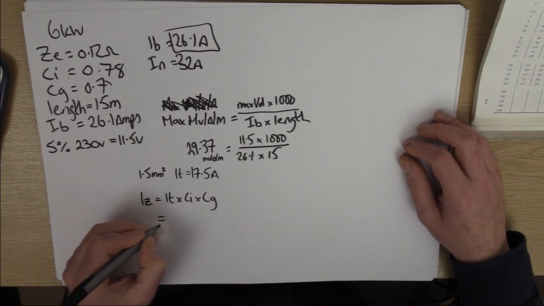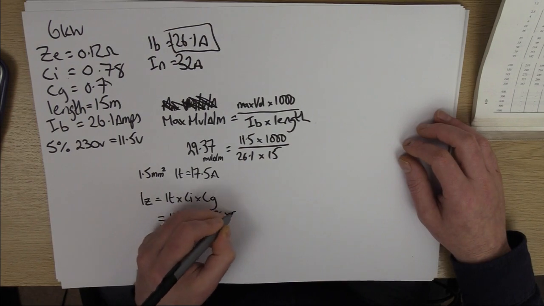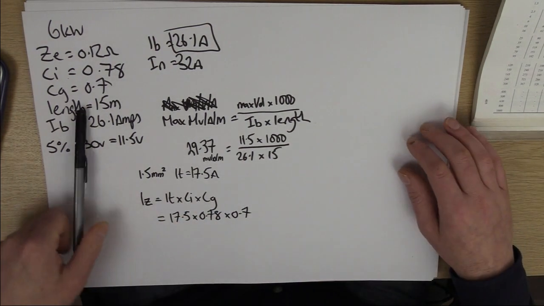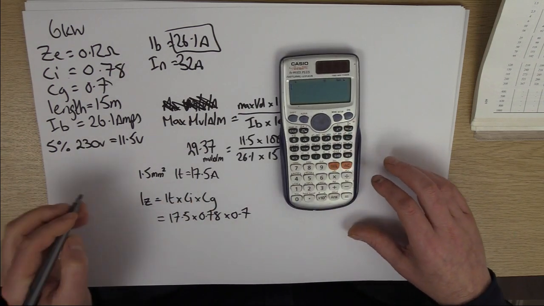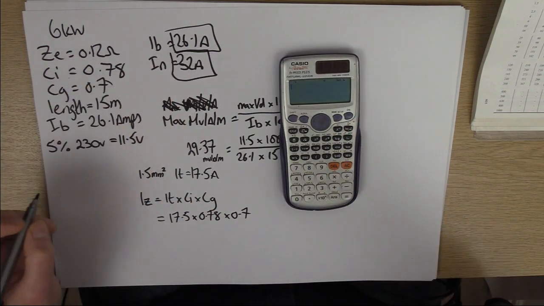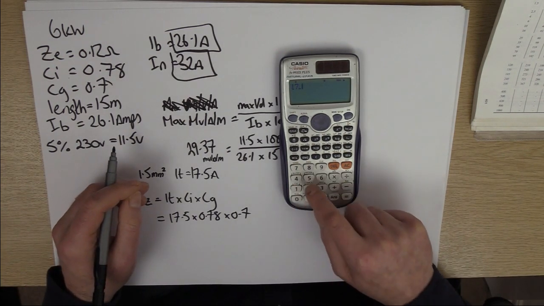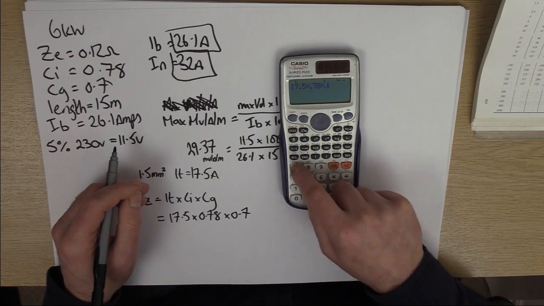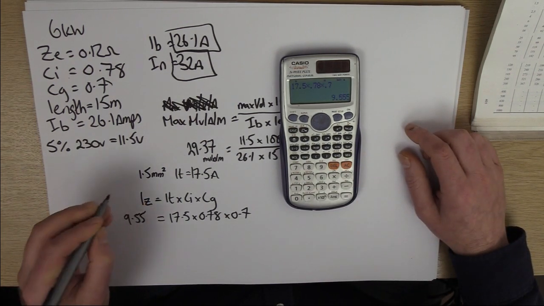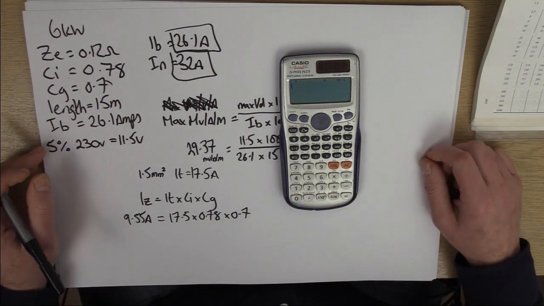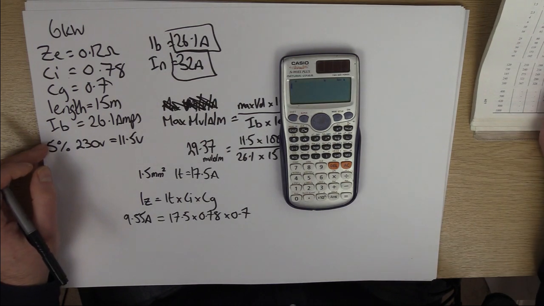So in our case, 17.5 times 0.78 times 0.7. It's not going to work, is it? Now this has to obviously equal 32 amps in our case. And predictably, it doesn't.